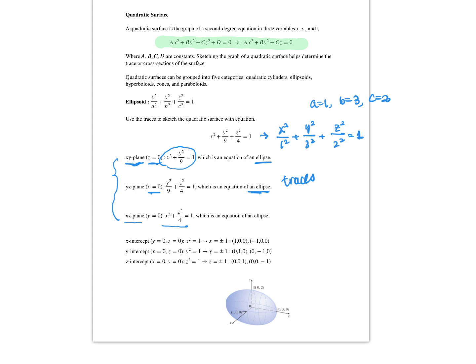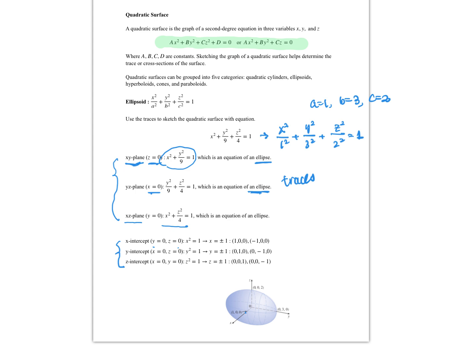Second part, you're going to find the intercepts. For the x-intercept, y and z equal 0, so x squared equals 1 and x is positive or negative 1. You find that point right there.